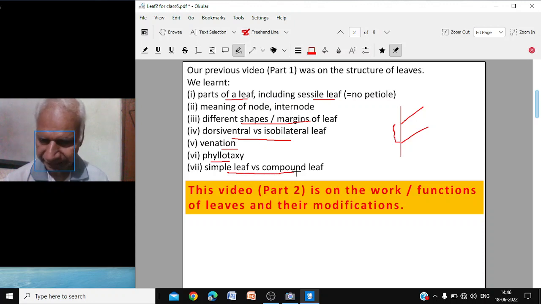When the leaf blade or lamina is not divided into leaflets, that would be a simple leaf, and if the lamina is broken into several leaflets, that would be a compound leaf. So that's what we covered in part 1, and in this video, part 2, we are going to cover the main functions and the modifications of leaves.